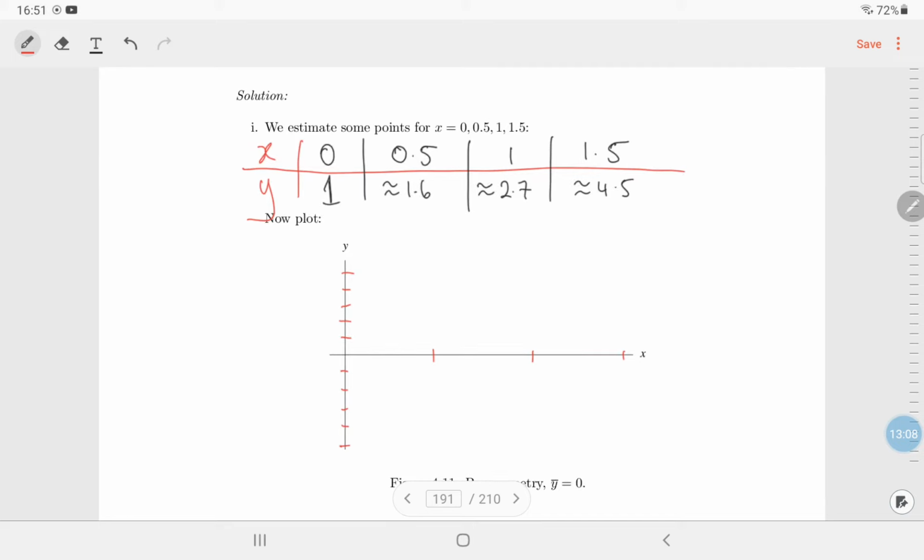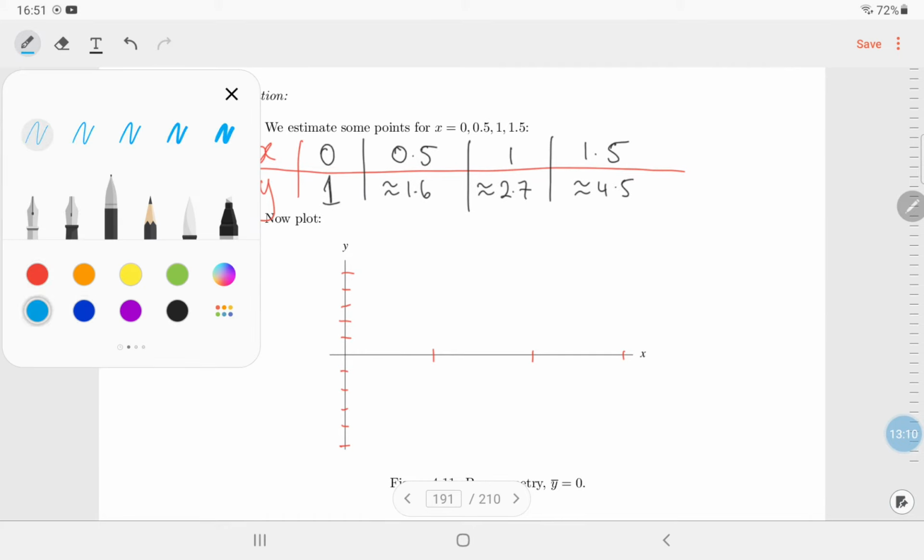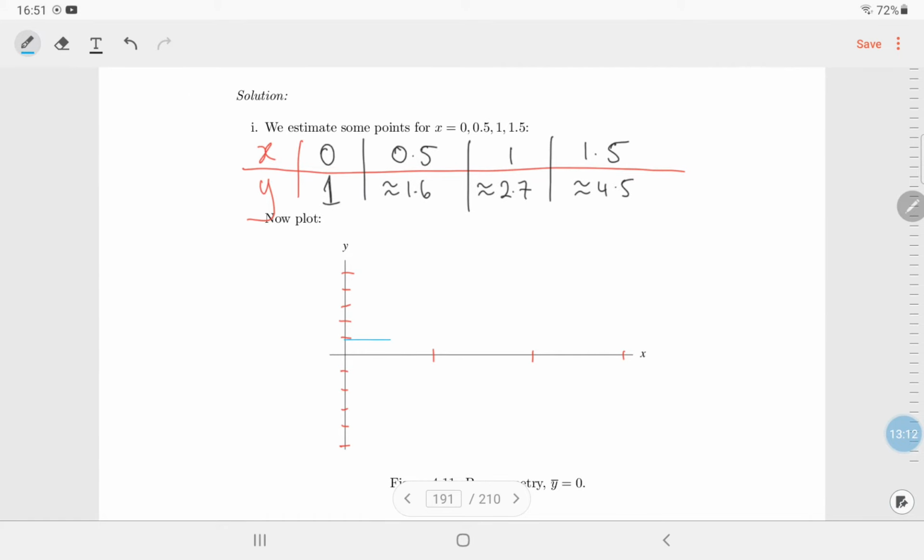Okay, and we do the points above and below. So 0, 1. Then 0.5, 1.6, something like that. Then 1, 2.7, nearly 3. And then 1.5, 4.5. Then just the mirror but below.